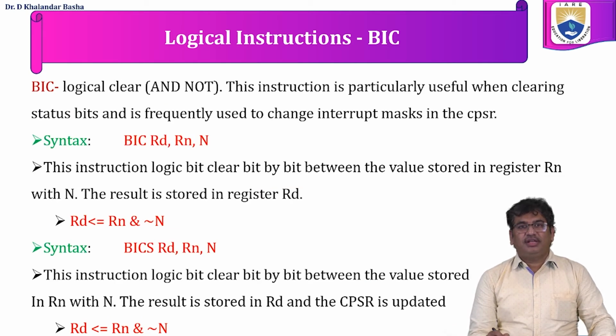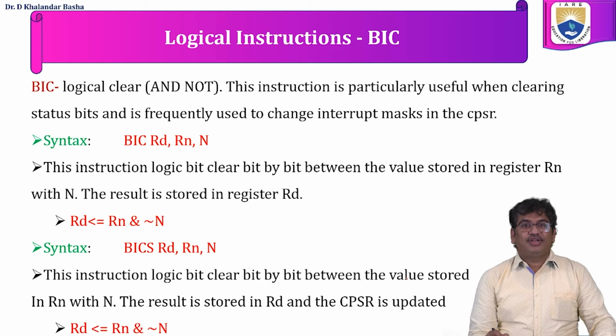The next instruction under logical instruction is BIC, which is logical bit clear, which we can have the functionality as AND NOT operation. This instruction is particularly useful when clearing the status bits and is frequently used to change the interrupt mask in the CPSR register.